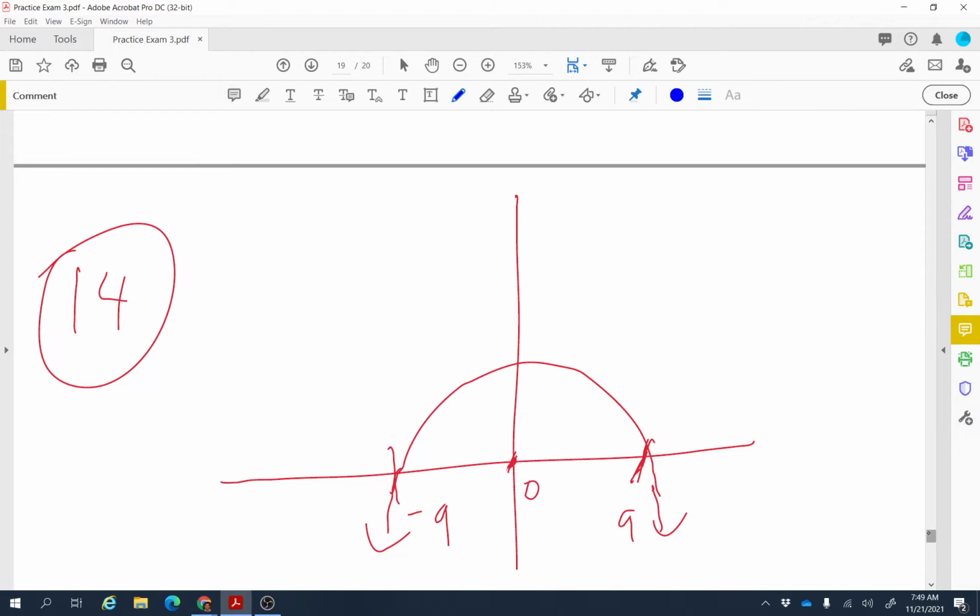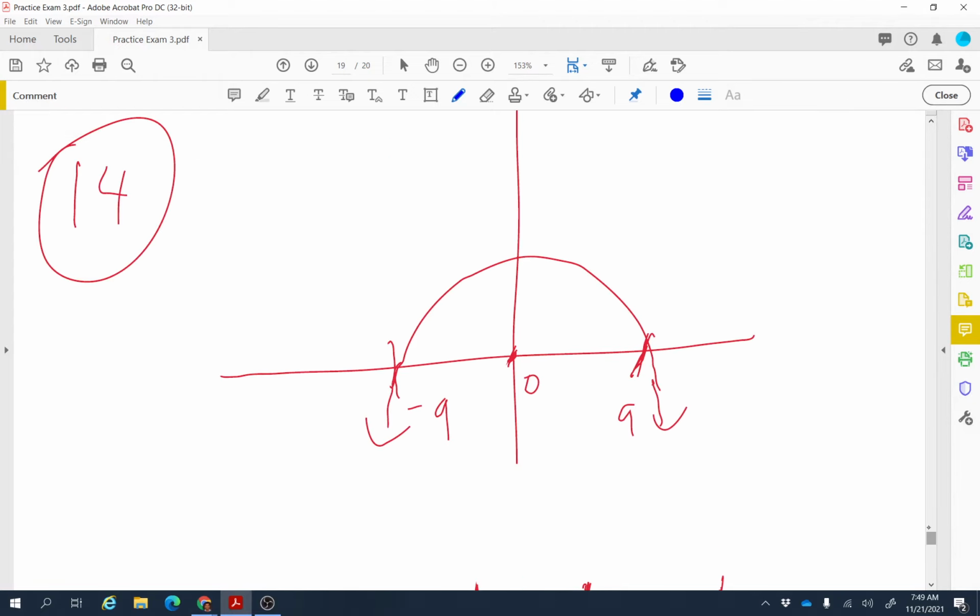So look at here. The midpoint of -9 to 0 is -4.5, and then we find the value of the function at -4.5. We know the function is 81 minus x squared.